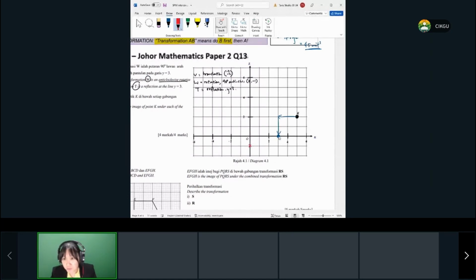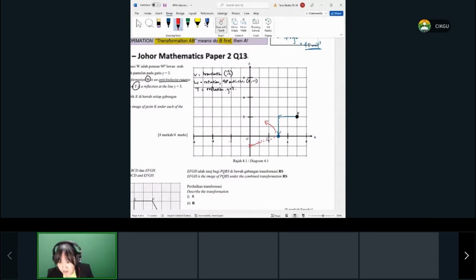And then you turn this point anti-clockwise. Anti-clockwise is this way, 90 degrees. So all you need to do is connect from the center here and turn 90 degrees. If you are not sure, you can use your ruler or protractor to measure 90 degrees.